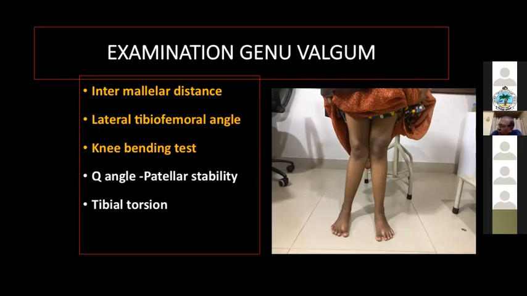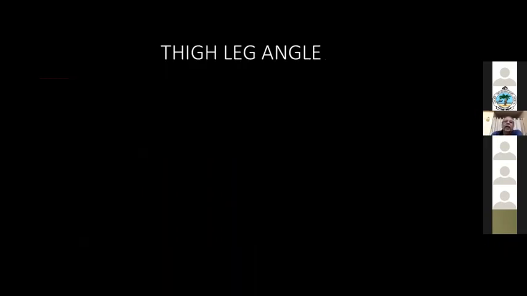How will you look for tibial torsion? Which test will you do for finding out tibial torsion? Thigh foot angle, okay. Then many of these cases will have a flat foot. Don't forget to do that. So these are the things you examine in the genu valgum.